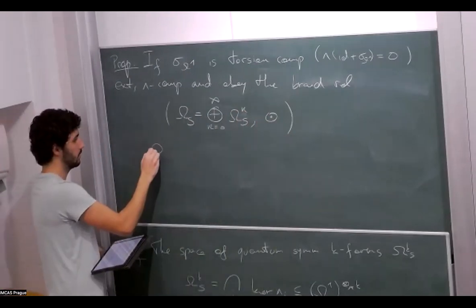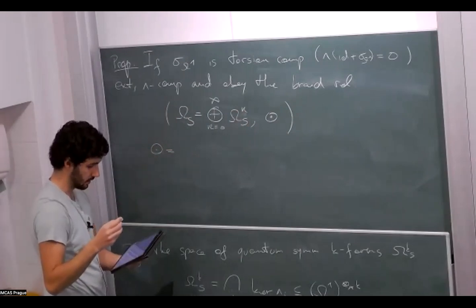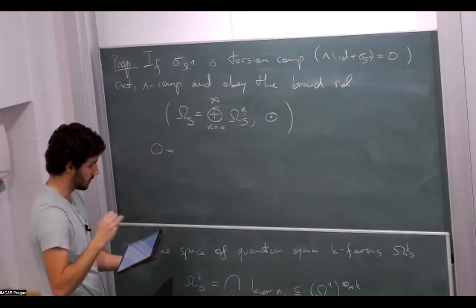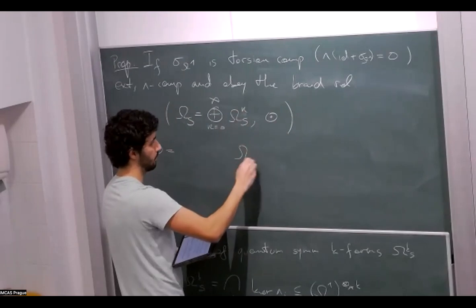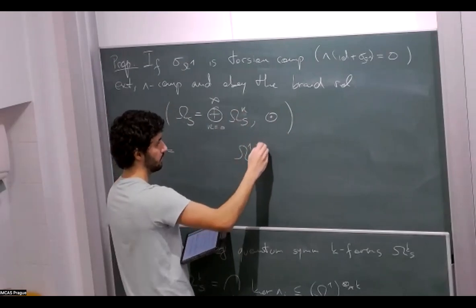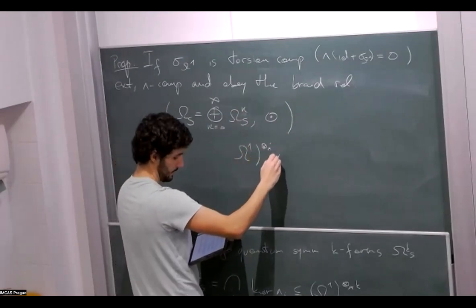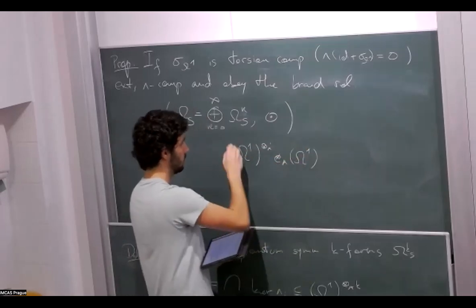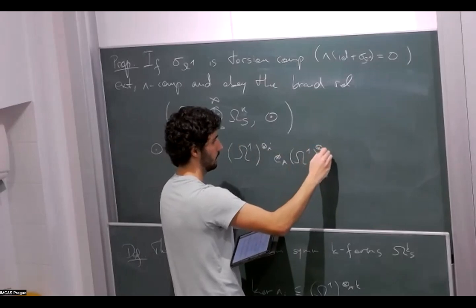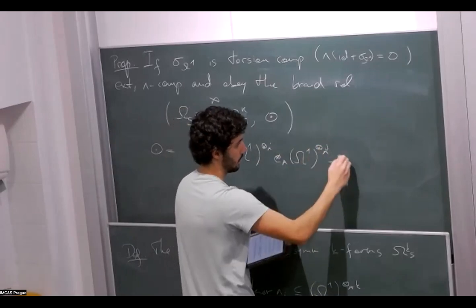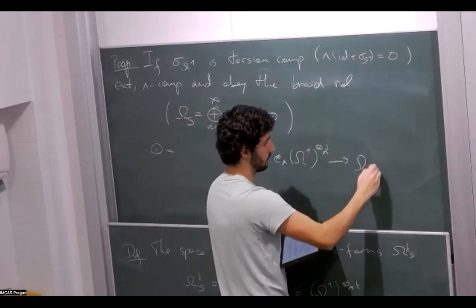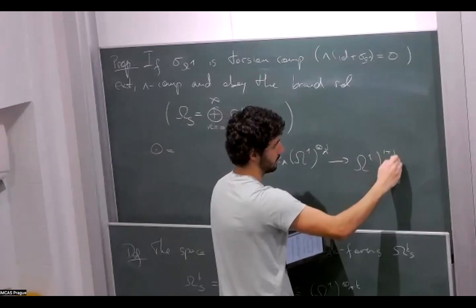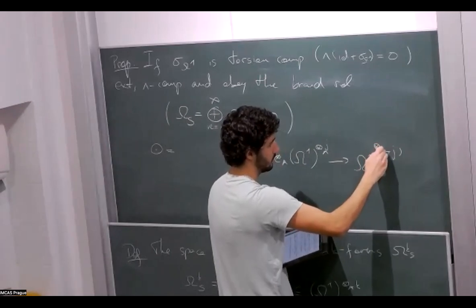This product is defined as follows: if we look at individual degrees, it goes from omega 1 to the i-th tensor power, tensor over A, omega 1 to the j-th tensor power, and this goes to omega 1 to the i plus j-th tensor power.